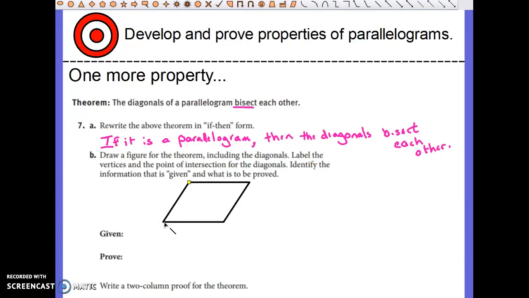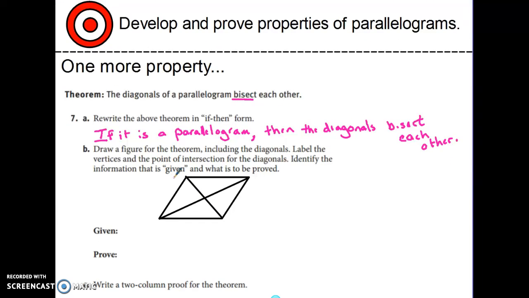So that means you need to connect each of the opposite angles with a line like so. Perfect. All right, let's name our parallelogram. Let's go classic here: parallelogram ABCD. And then we are going to need this intersection point in the middle, so let's call that X. That seems like a good place for an intersection.